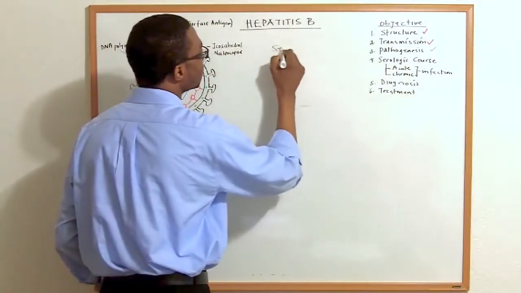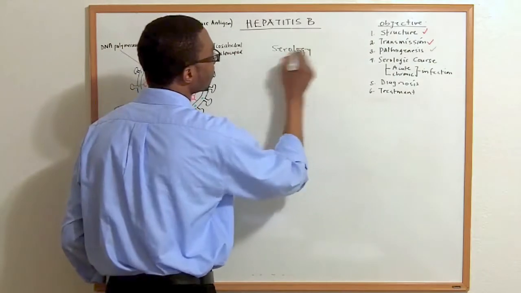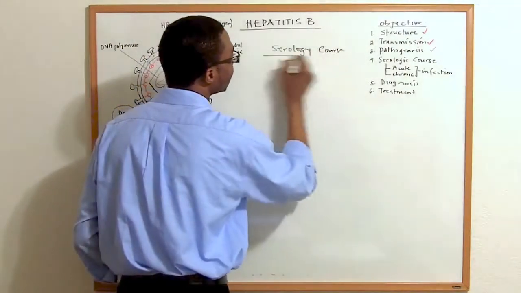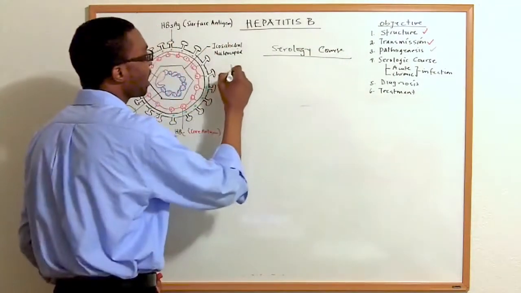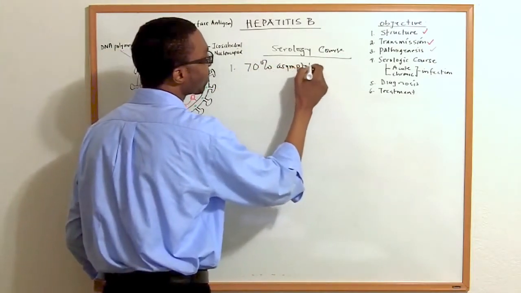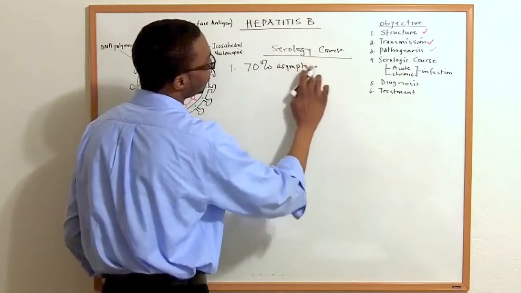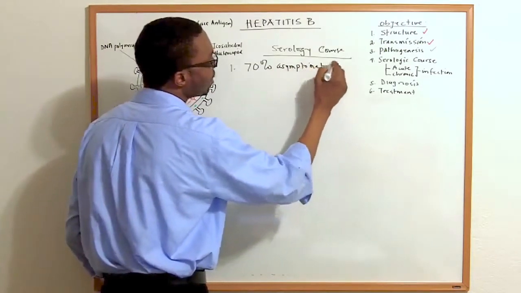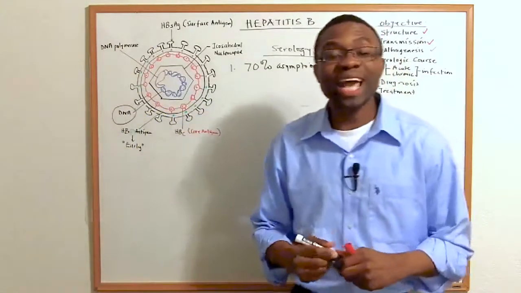Let's talk about serology. That's the course of the infection. So when somebody gets an acute infection, actually about 70% are asymptomatic. Asymptomatic, which means they don't even know they got an infection.